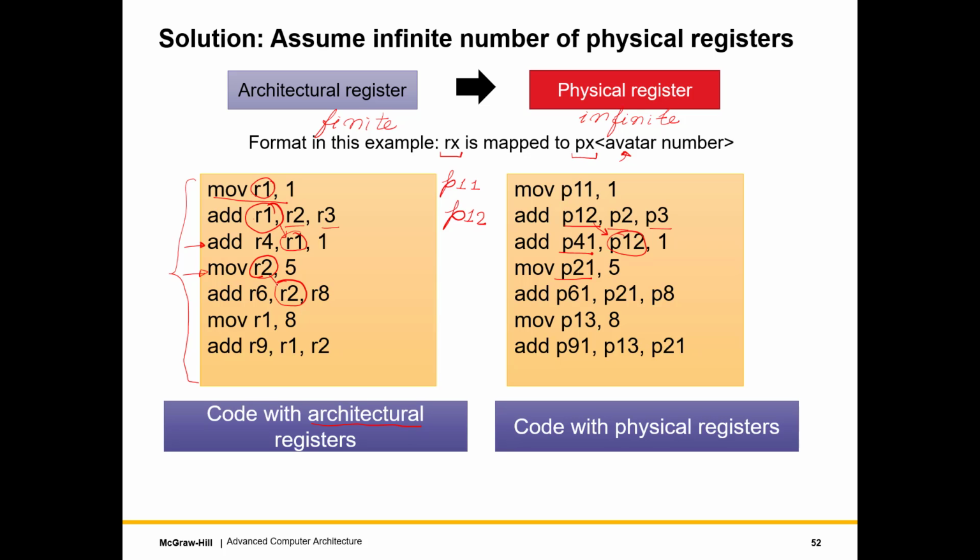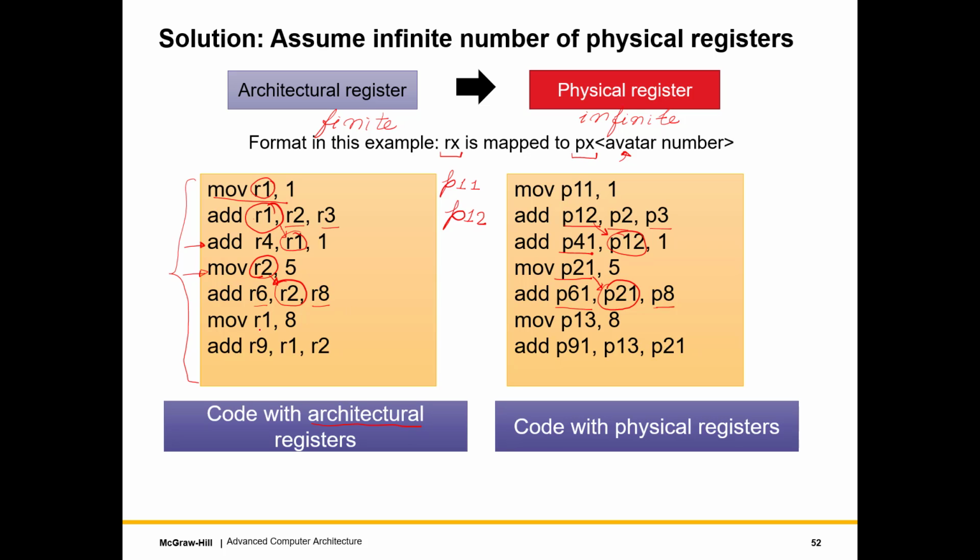The use will of course use the current avatar of R2, which is the physical register P21, because P21 holds the current value. R8 is mapped to P8, R6 is mapped to P61. That is the first avatar, because we have not written to R6 before.